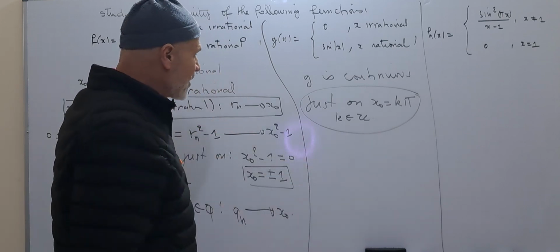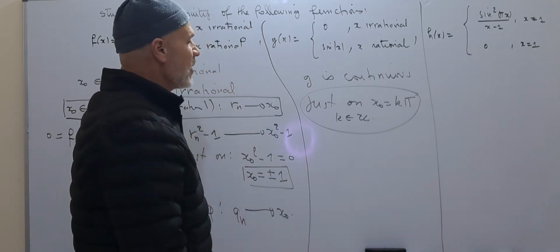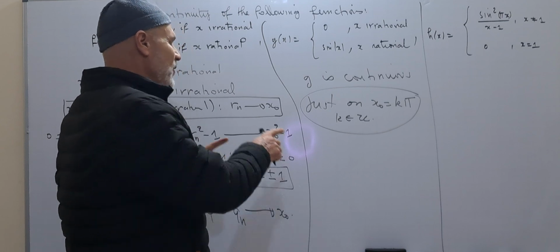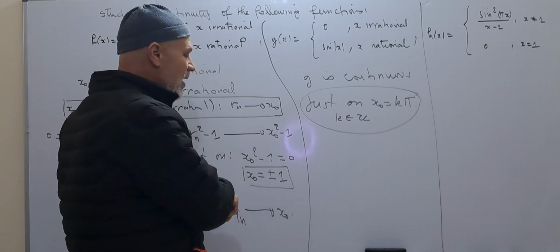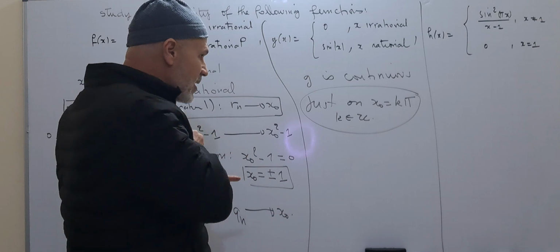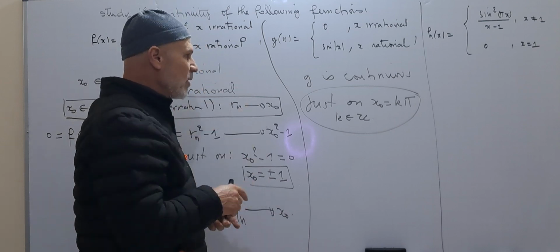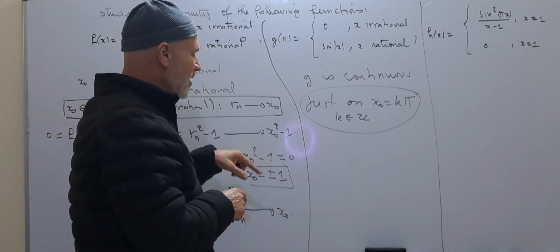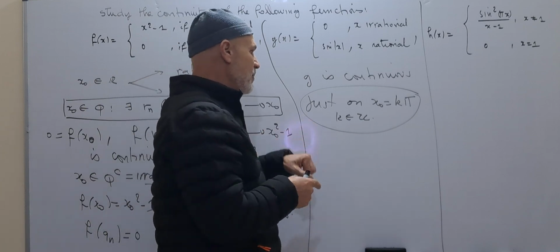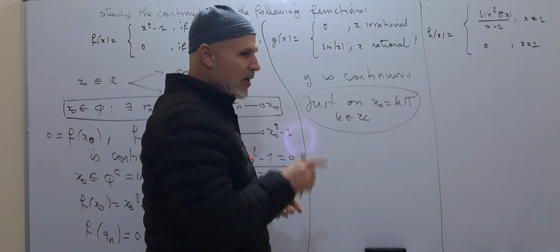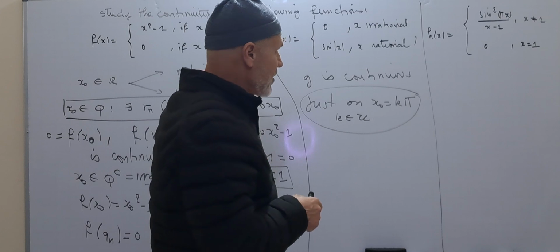Out of these points, it is discontinuous. Why? Because from one side it is equal to 0, and from the other side it is equal to sine of the absolute value of x0. And since x0 is different from k pi, it cannot be equal to 0. I am sure that you have understood.